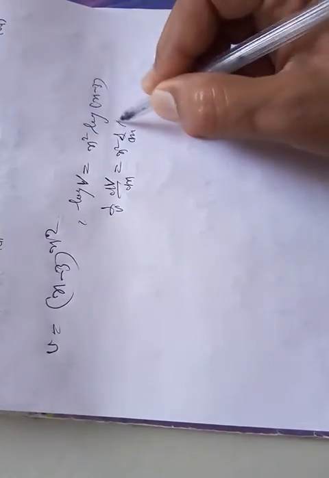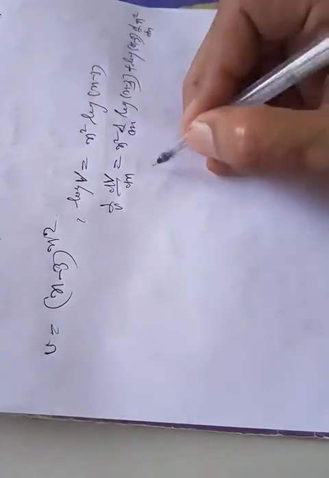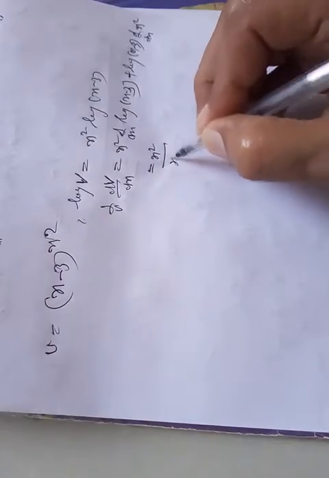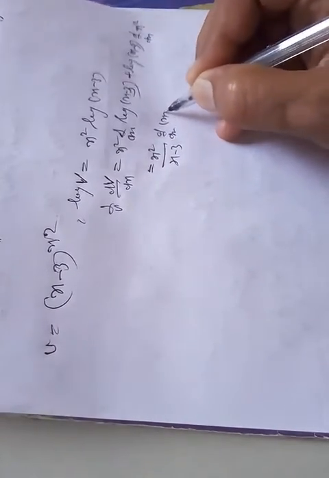Using the product rule: d/dx of log (x minus 3) plus log (x minus 3) times d/dx of x square, that is, x square times 1 upon (x minus 3) times d/dx of (x minus 3), plus log (x minus 3) times d/dx of 2x.